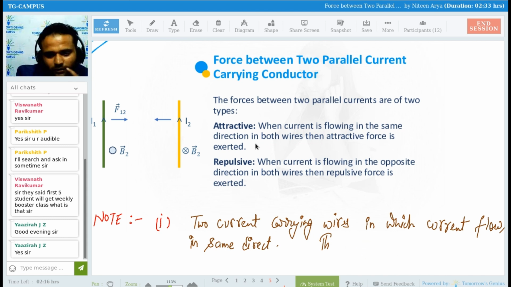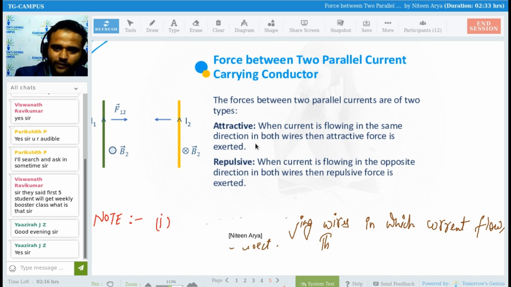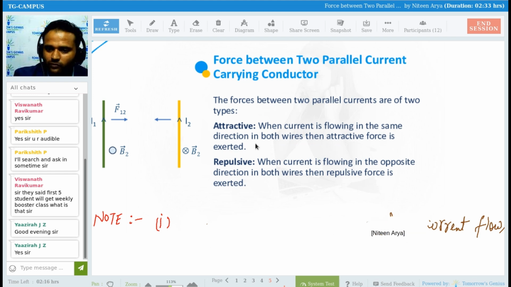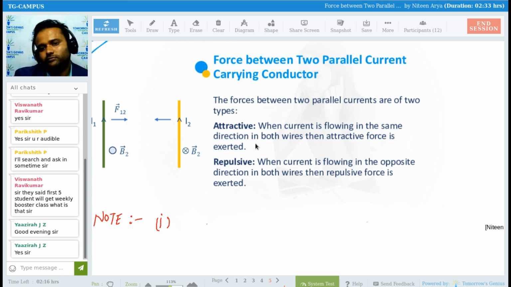Or I need to reframe this. Force between two parallel current carrying wires in the same direction is attractive force, or you can say magnetic force. That is the correct one.